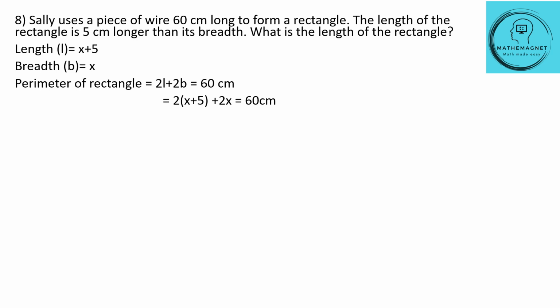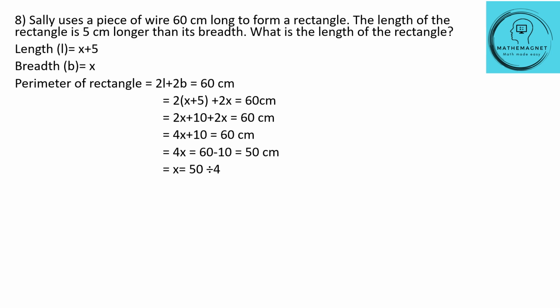So let us substitute these values in the above equation. 2L plus 2b becomes 2 into x plus 5 plus 2 into x is equal to 60 centimeters, which is equal to 2x plus 10 plus 2x equal to 60. That is 4x plus 10 equal to 60, and 4x is equal to 50 centimeters. x is equal to 50 divided by 4, which is equal to 12.5 centimeters.